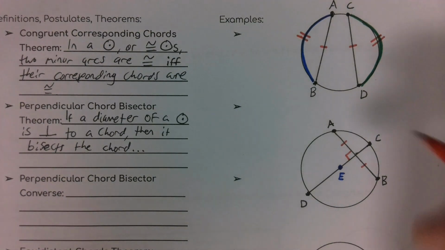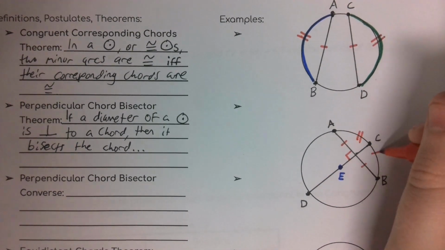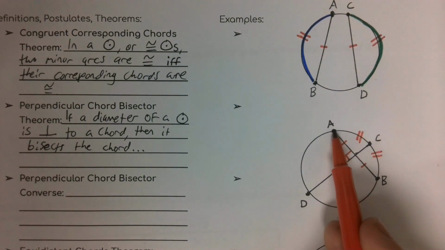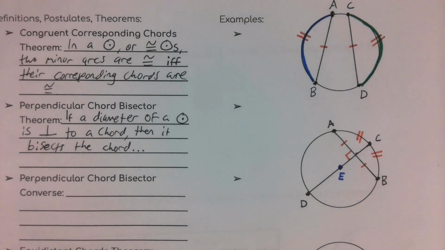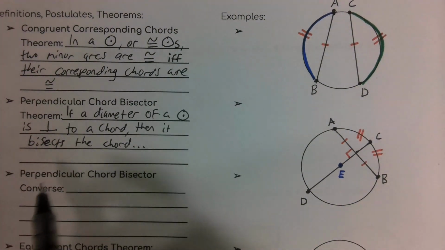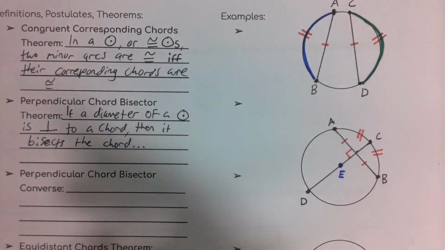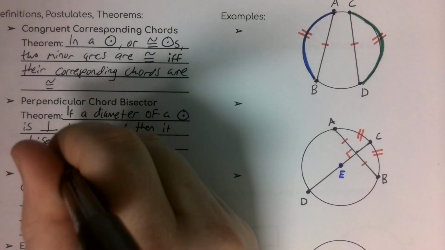It looks like the arc is also cut exactly in half. This little arc from A to C is the same as the arc from C to B. So not only does it bisect the chord, it also bisects its arc.